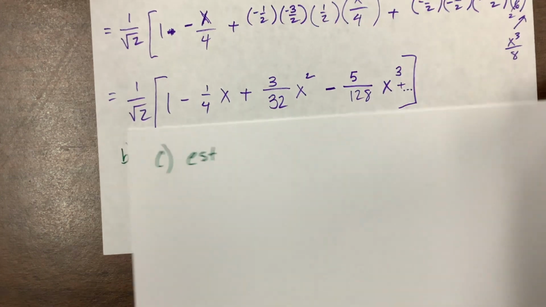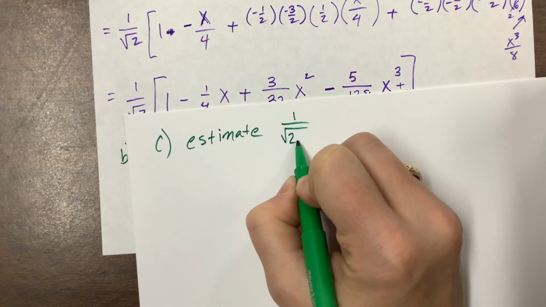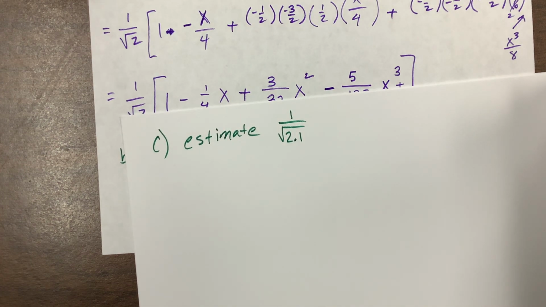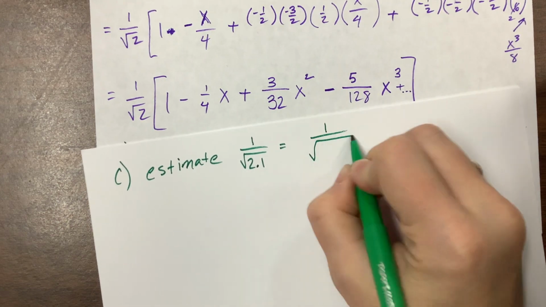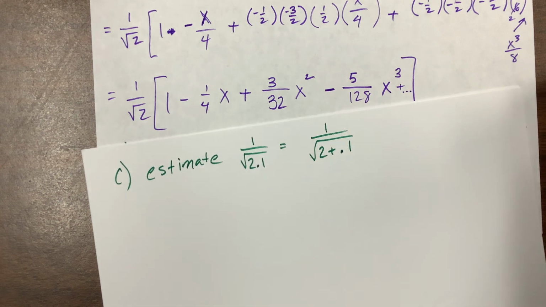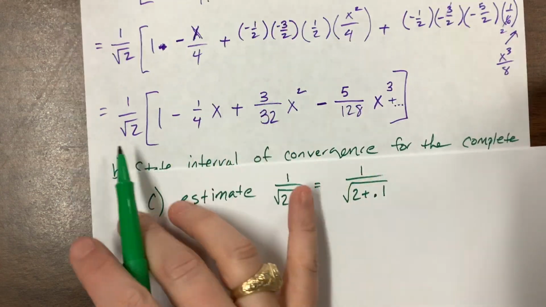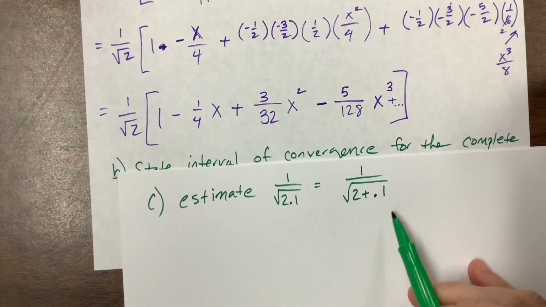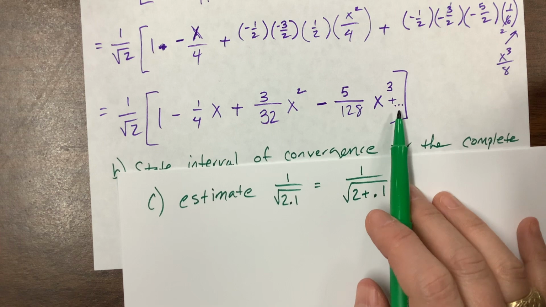So sorry, you can't see what I'm doing. Well, if you notice, this would be equal to 1 over the square root of 2 plus 0.1. So in this expansion right through here, what we want to do is plug in x is equal to 0.1, because these are the first 4 terms.